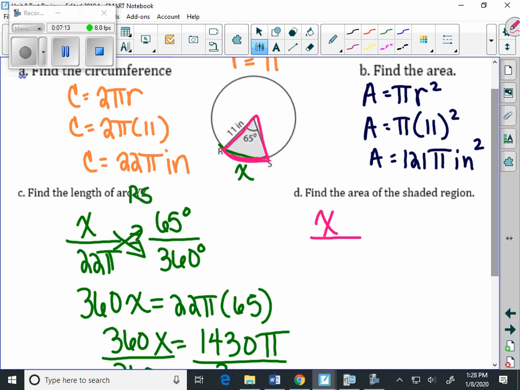So our denominator, the bottom of our fraction here, is coming from the area, which is the 121 pi, and it's still then going to be the 65 over the 360.